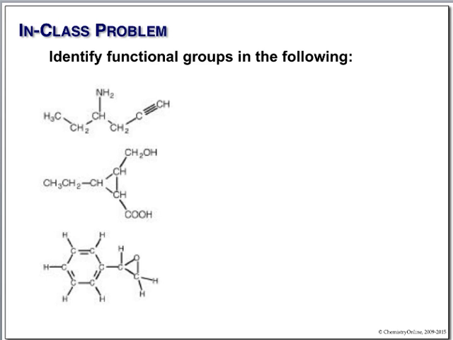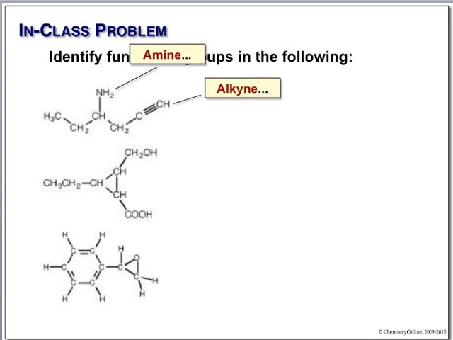Our first compound is a carbon-carbon triple bond. What is that called? Okay. That's an alkyne. It also has a nitrogen attached. That's an amine.